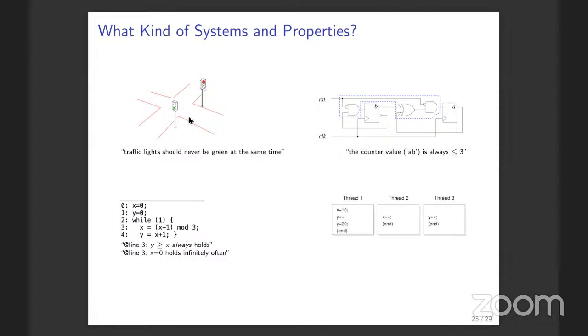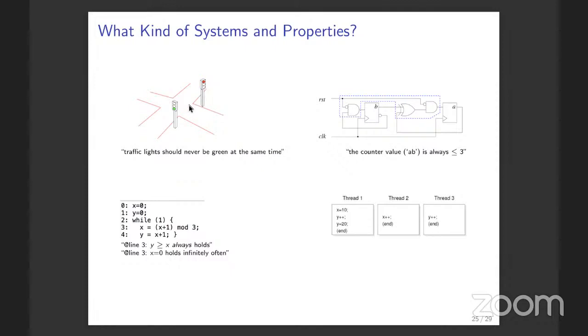So the inputs here might be some sensors giving whether there's a car or not, and the controller that is controlling the two lights changes in response.